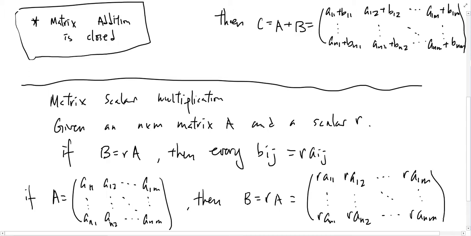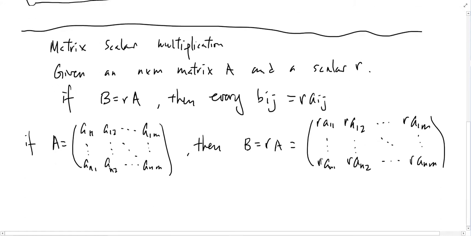Very simple. Basically, when you have a scalar multiplication of a matrix, you simply distribute. Also important to notice is that the resulting matrix B is also n by m. So therefore, matrix scalar multiplication is also closed.